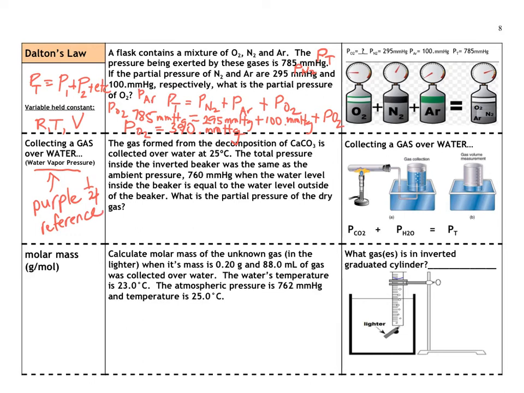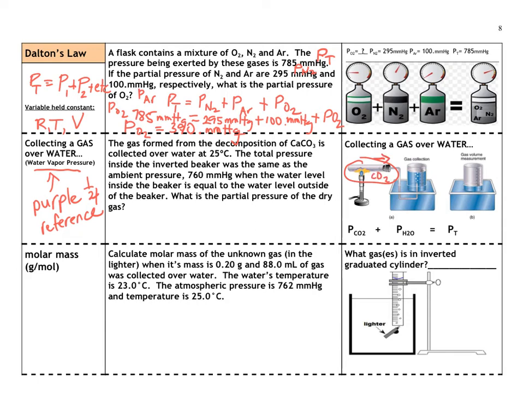So with that information, we're then going to look at what's happening in this diagram right here. What we see here is a reaction occurring in here. The reaction that's occurring is the decomposition of calcium carbonate. And there's a gas that is coming out of this, and the gas is carbon dioxide.